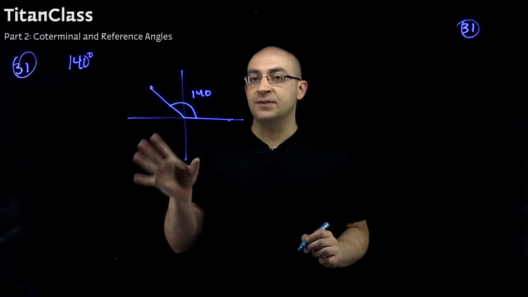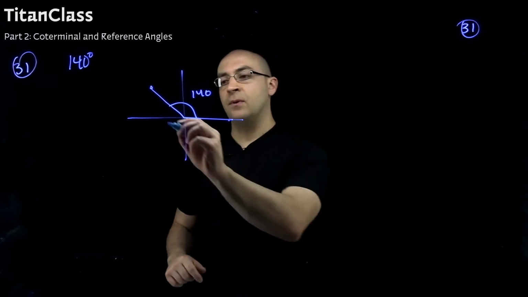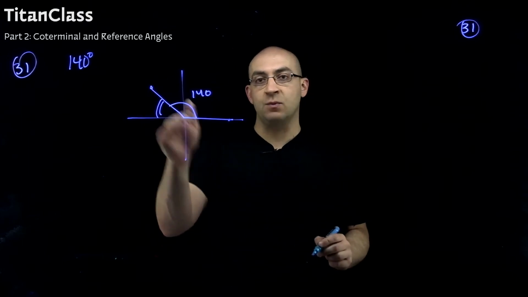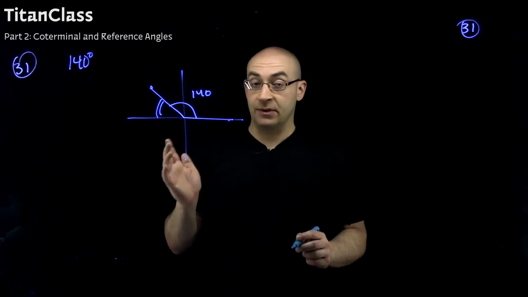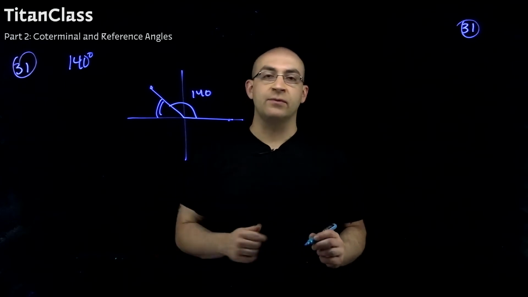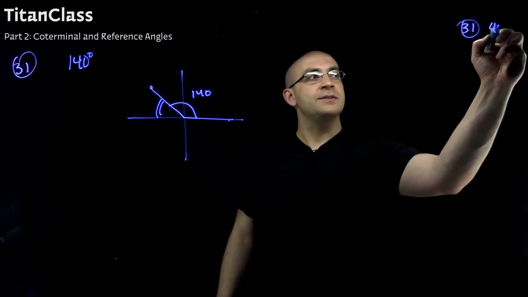Our reference for the reference angle is the x-axis. That's what we're looking for. So I'm looking for the difference between the terminal point of this 140 and the x-axis. We know that the x-axis, a straight line, is 180 degrees. So my reference angle for 140 degrees is the difference between 180 and 140. So number 31 is 40 degrees.